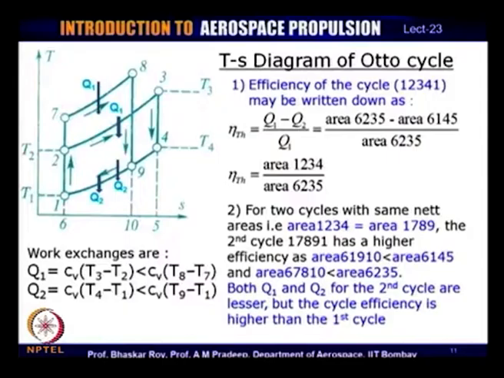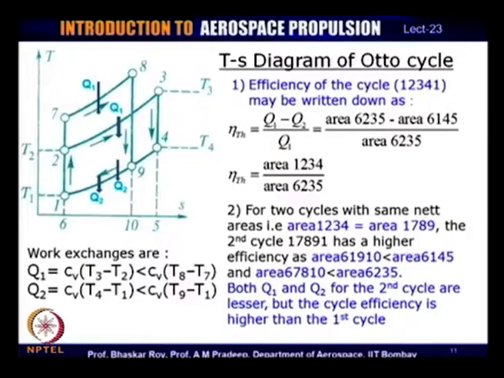That means the heat rejection in the second cycle is much lower. Also, the area 6, 7, 8, 10 is lower than the area 6, 2, 3, 5.